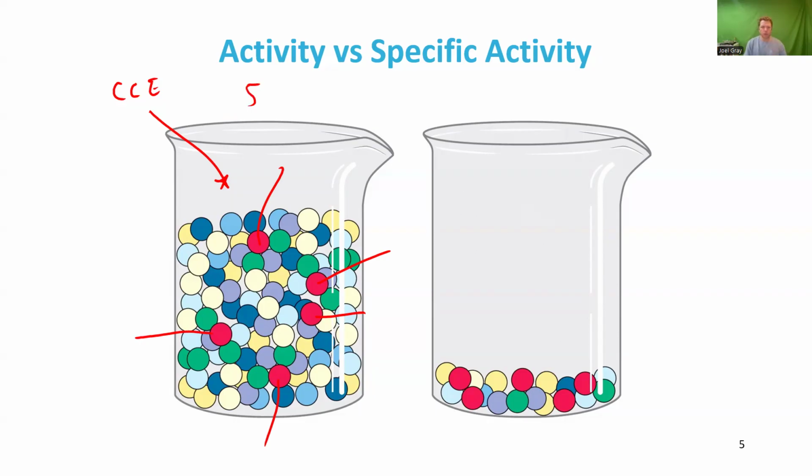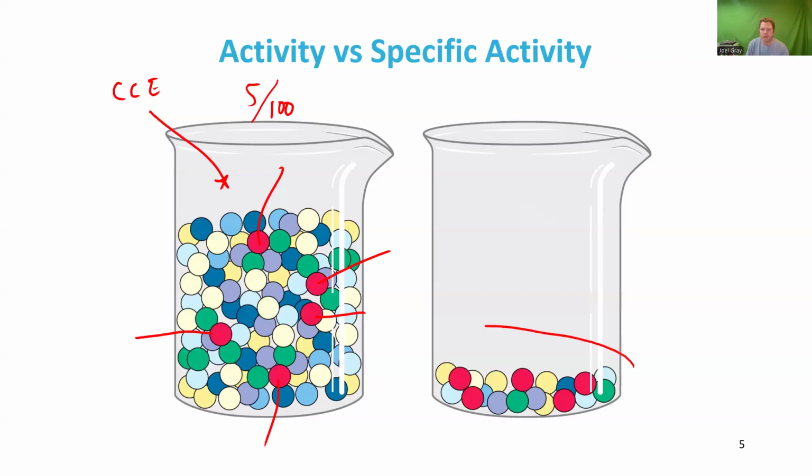How many total marbles do you see? Well, I see about, just for a round number, I'll call it 100. I'm not counting those. Actually, I'm going to go over to the other column.